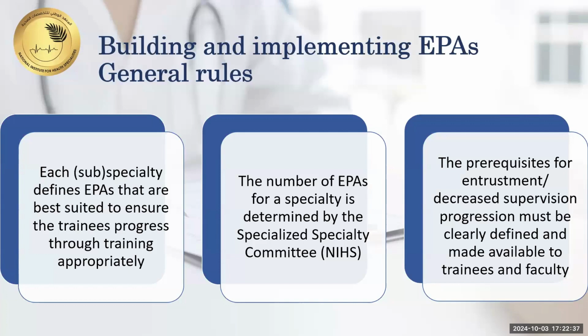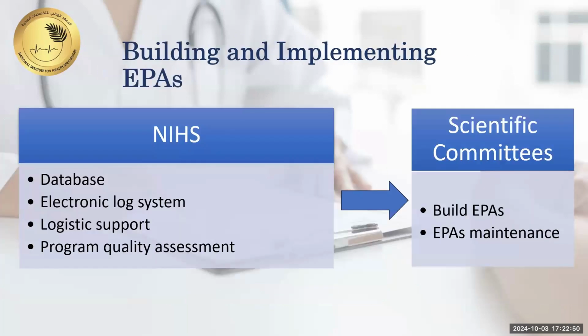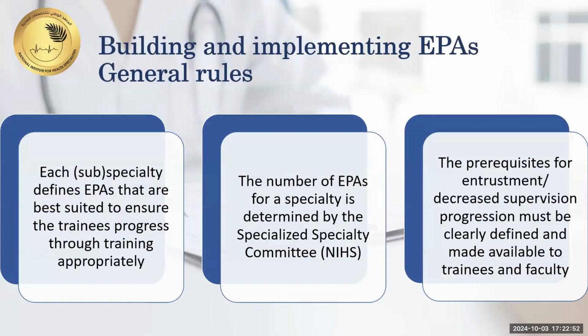We, at the level of NIHS, ask every single specialty to be fully responsible and committed to the building of the EPAs. The prerequisite for entrustment and decreased supervision progression must be made very clear for everybody.